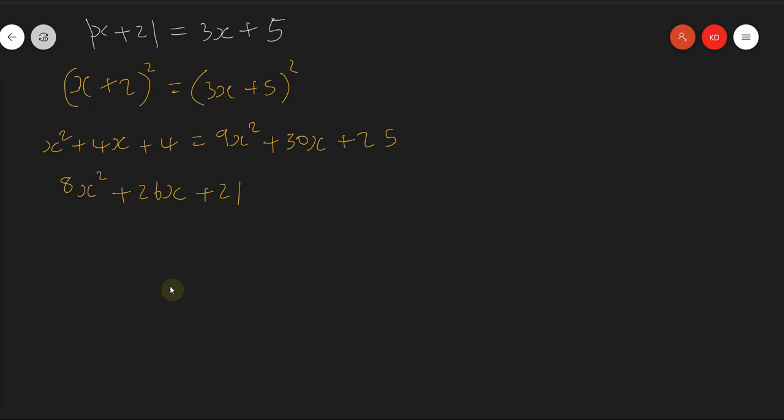And in this case, since these numbers are rather large, I'd prefer to use the quadratic formula to solve this.